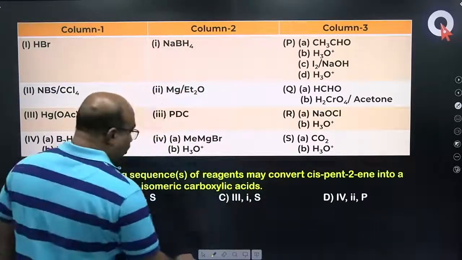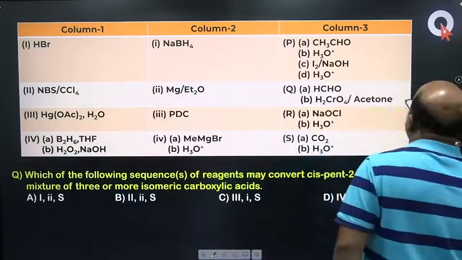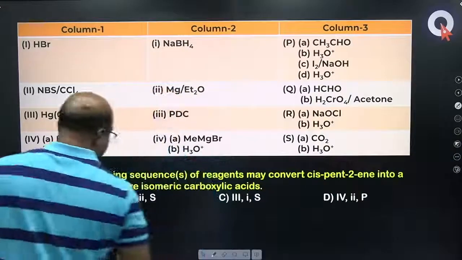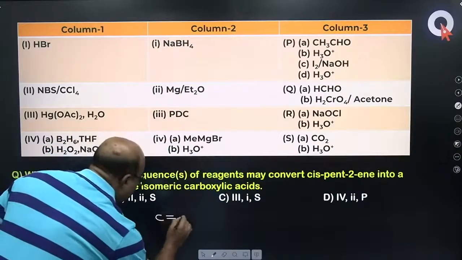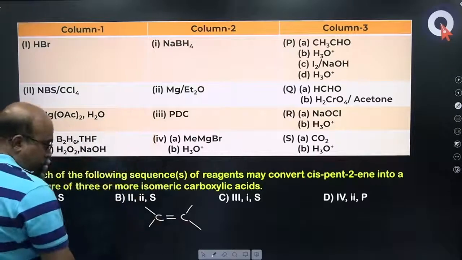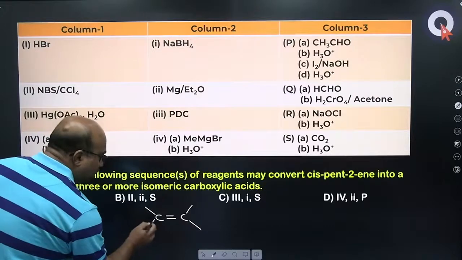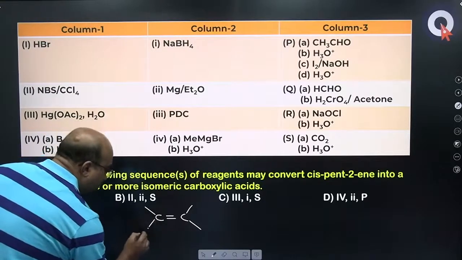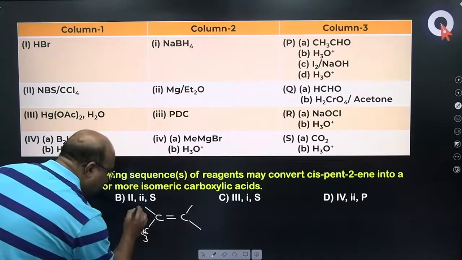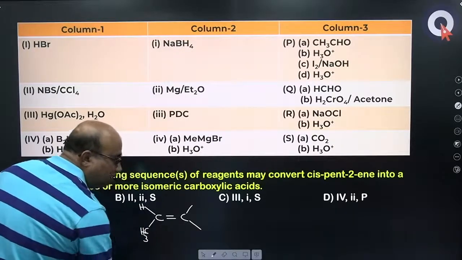So what is cis pent-2-ene if you write? So cis pent-2-ene: this carbon is supposed to have a methyl group here, there is hydrogen here, then there is again a continuous carbon chain here.